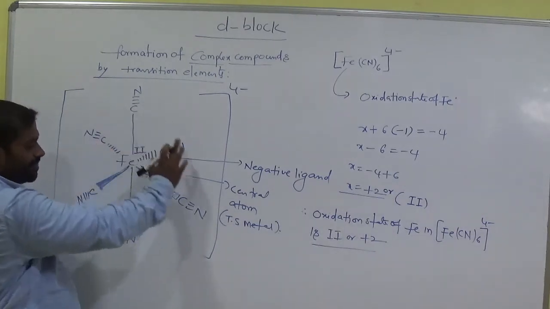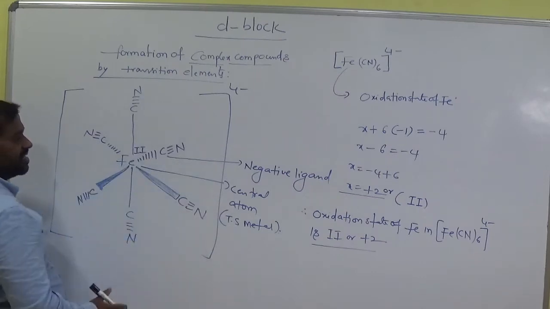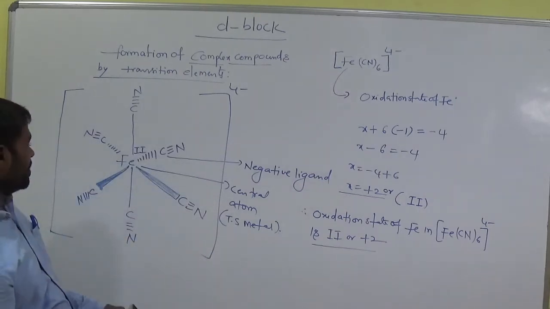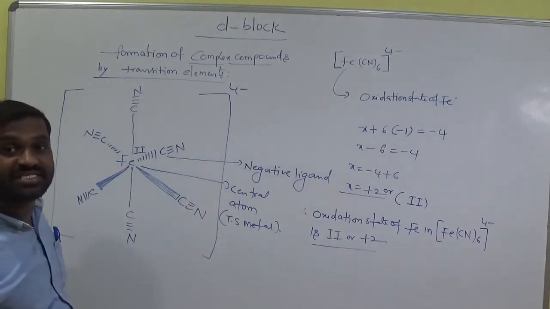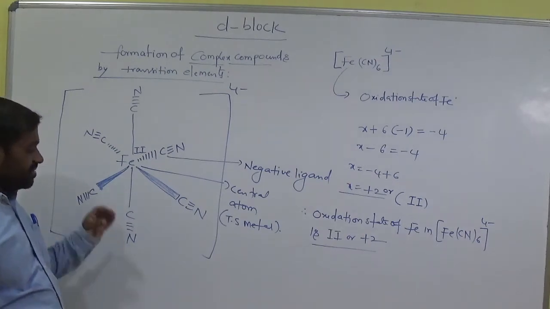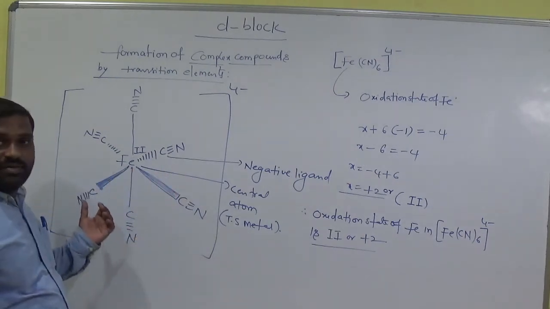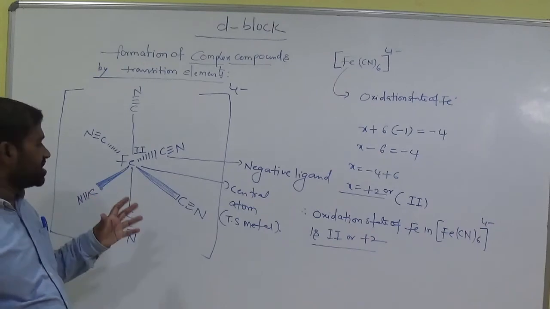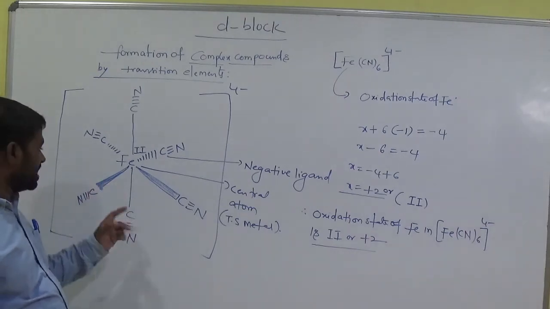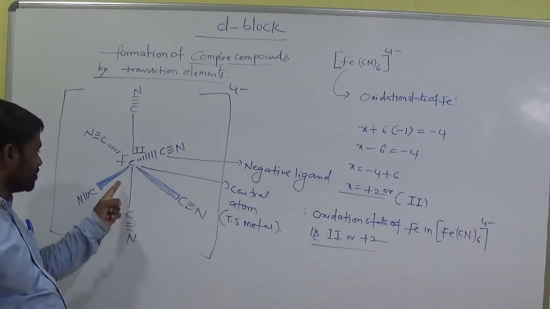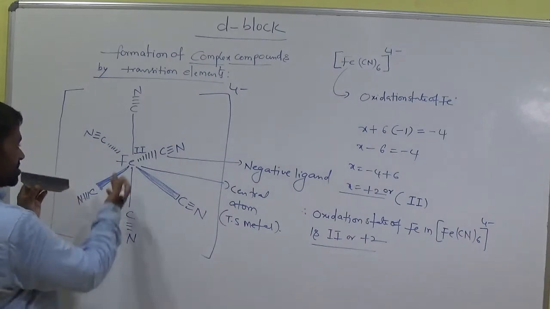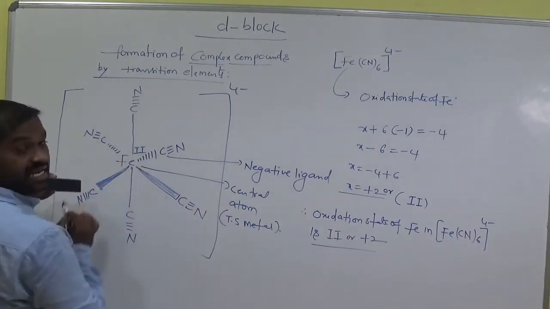So now this is the complex ion. Okay. So now what is the meaning of these lines here? This is a three-dimensional representation. When we write on paper, we have to show a three-dimensional representation. We have to follow this concept here. These two lines mean towards me on the board. Suppose this is the central atom.